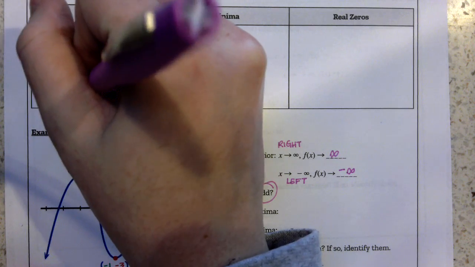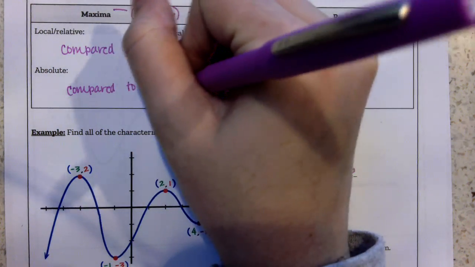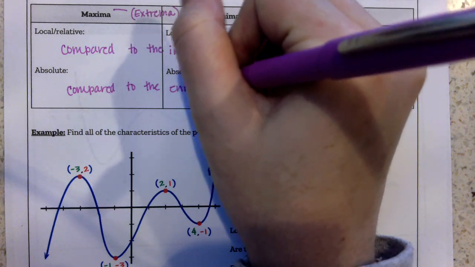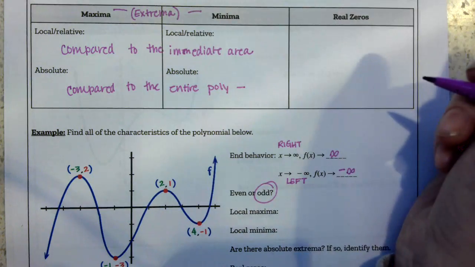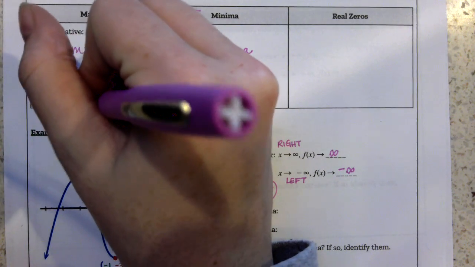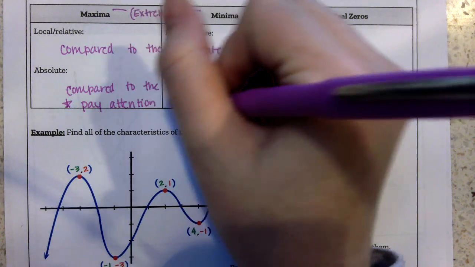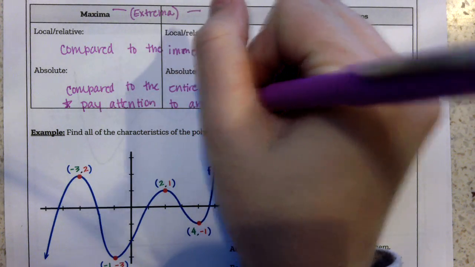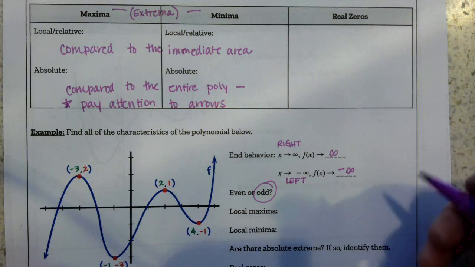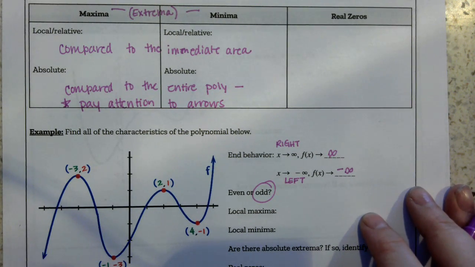And then absolute would be compared to the entire graph. The only thing you really need to be careful about with absolute is that we need to pay attention to the arrows. Pause it if you need to get that down.